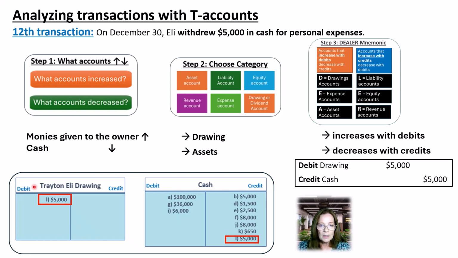Then we find the T account for Trade and Eli drawing and write the transaction ID L and the amount of $5,000 into the debit column of the T account, and then find the T account for cash and write the transaction ID L and the amount of $5,000 into the credit column of the cash T account.